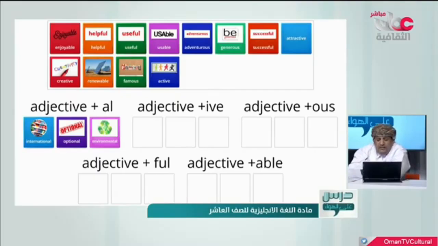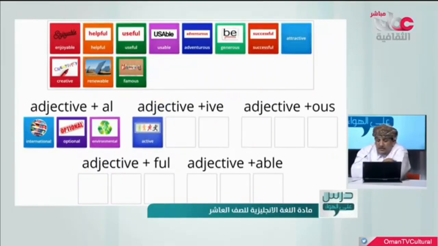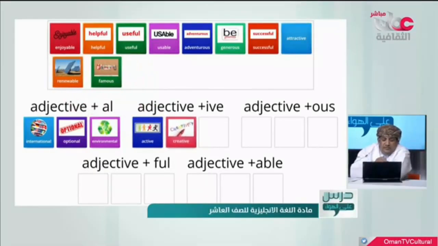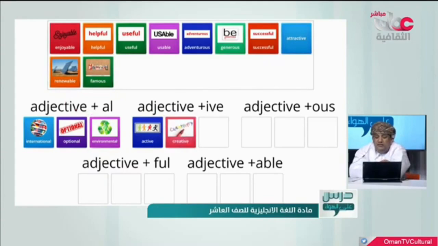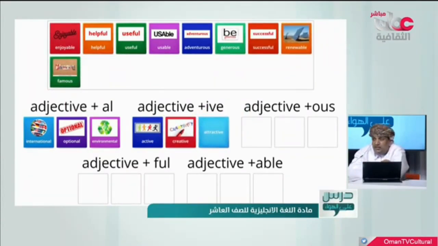Here we have ive. I want you to choose 3 adjectives that end in ive. Here the word active, I think it ends in ive. Also the word creative and the word attractive also end with ive.